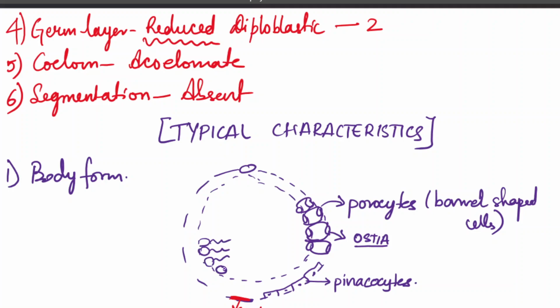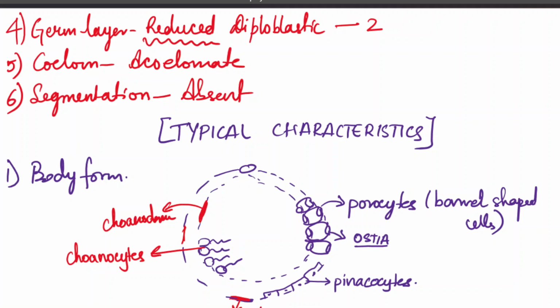The inner layer is called choanoderm. So obviously these cells will be called choanocytes.